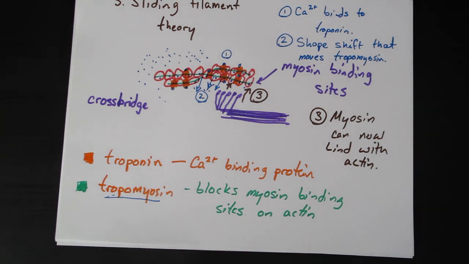If calcium is present, we see that tropomyosin is literally going to be moved out of the way so that myosin and actin can bind with one another. All right? Okay, so now that we understand that, let's go ahead and take a look at what happens next.